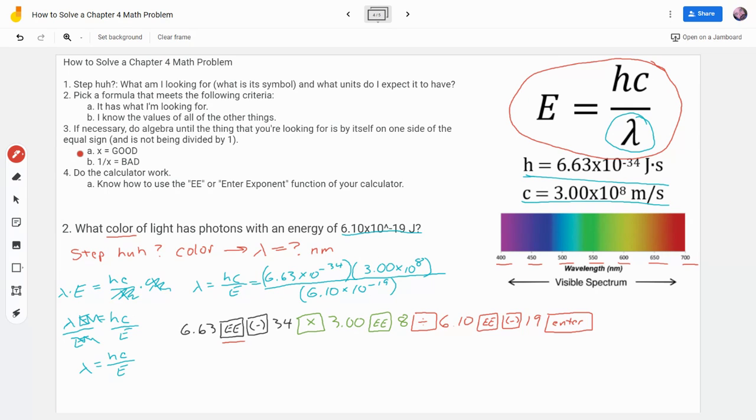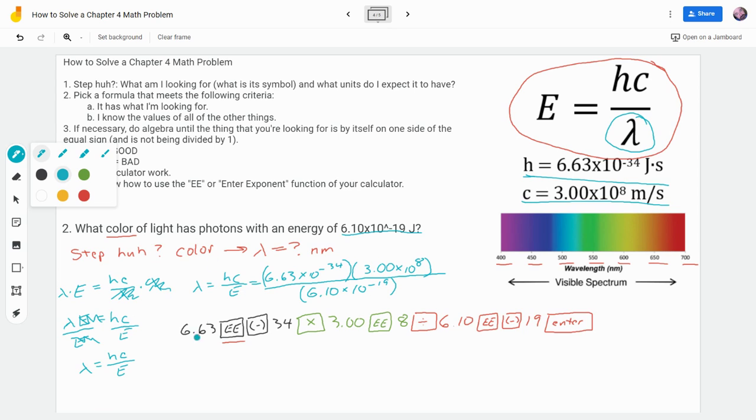Let me see if I got that right. No, I goofed somehow. Let me try that again. Oh, there it is. I missed the decimal point. 6.63 EE minus 34 times 3.00 EE 8 divided by 6.10 EE minus 19.